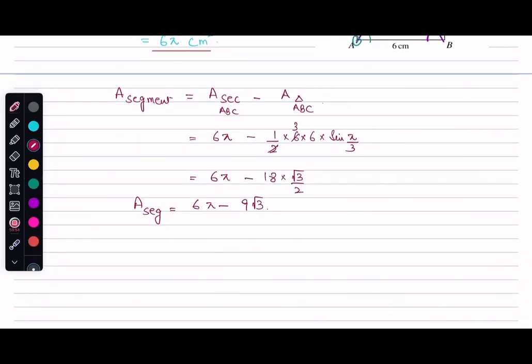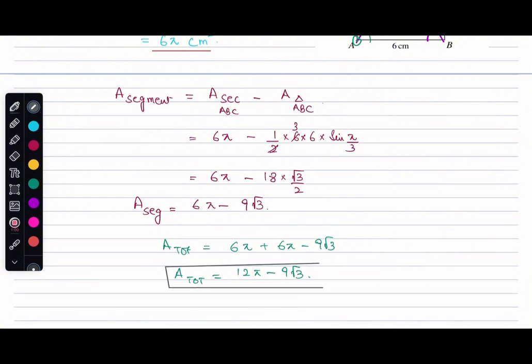So total area here then is going to be 6 pi plus 6 pi minus 9 root 3, or I can say that the total area of the metal plate then is going to be 12 pi minus 9 root 3 here, and this then is going to represent the answer for the area of this metal plate.